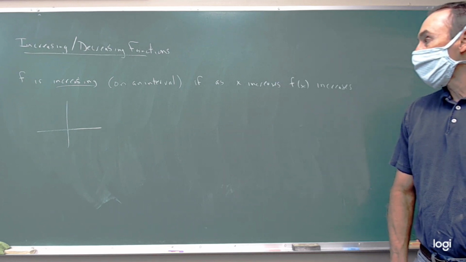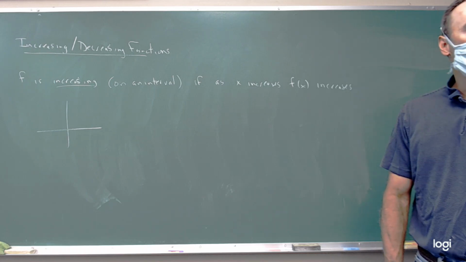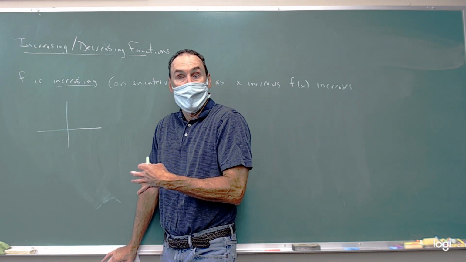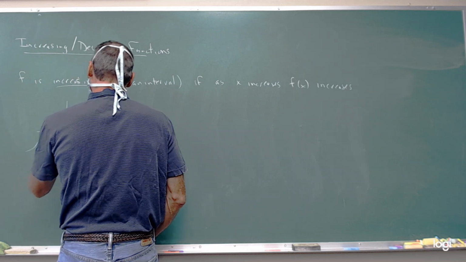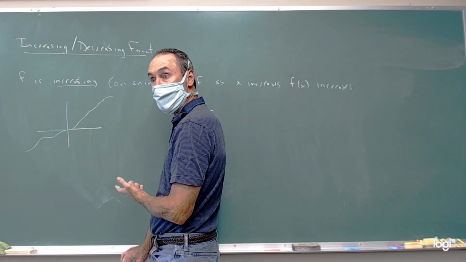So f is increasing if as x increases, f of x increases. So a function could be increasing everywhere if it is always rising from left to right. A function that does something like that is said to be an increasing function.